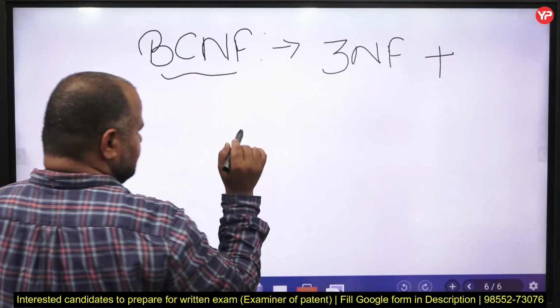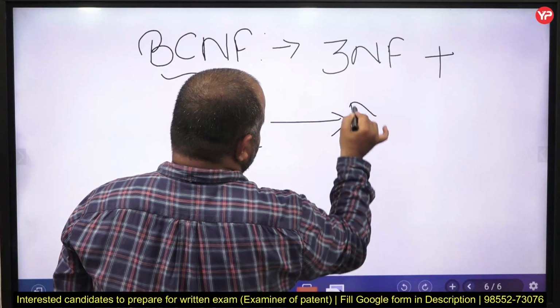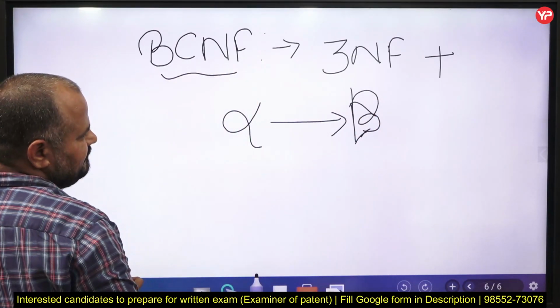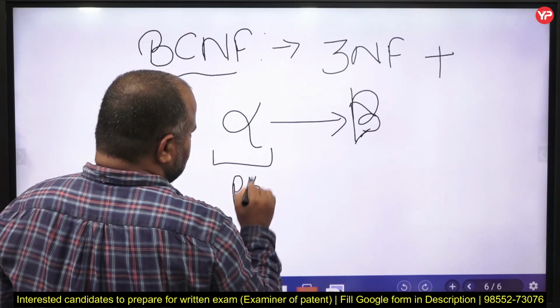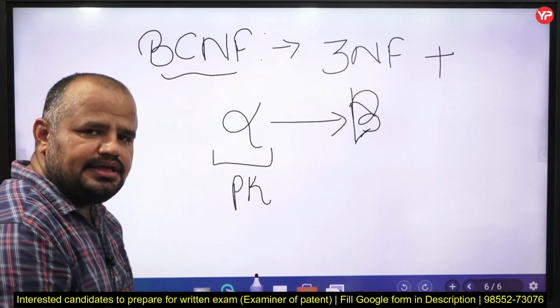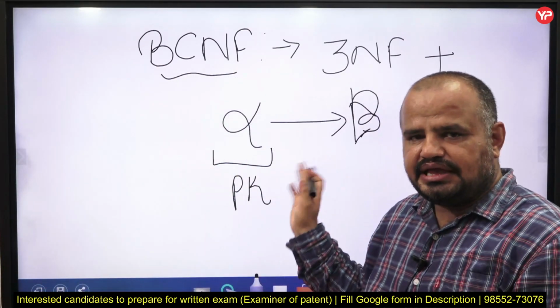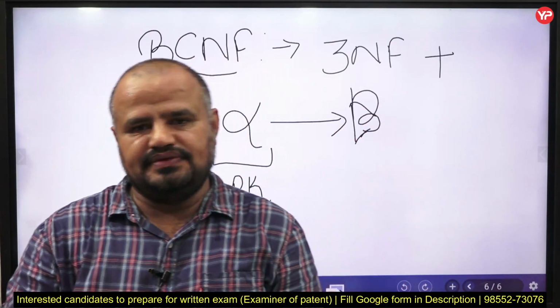Plus additionally it says that if alpha determines beta is an FD, then alpha should be a primary key. Fine. So if this is the structure of all the FDs, then I can say my relation is in BCNF.